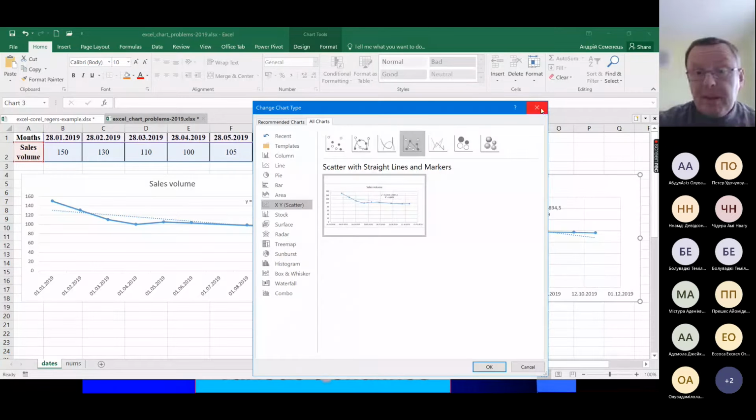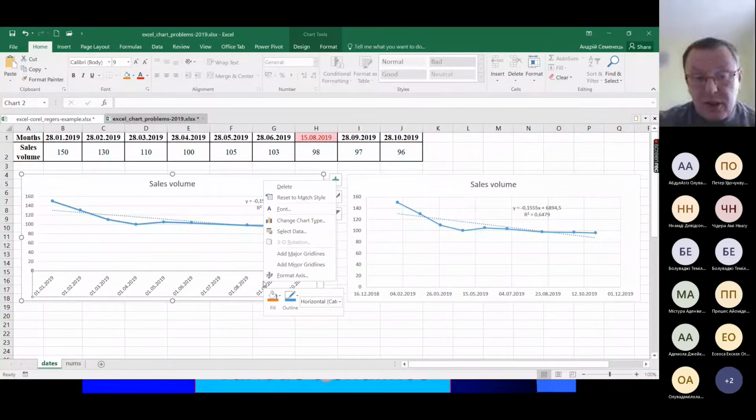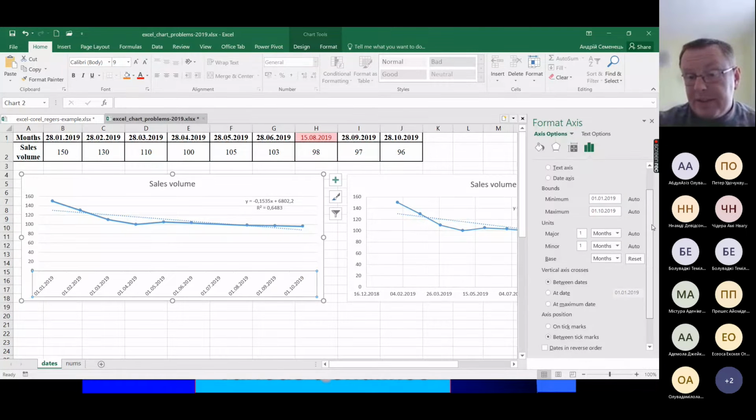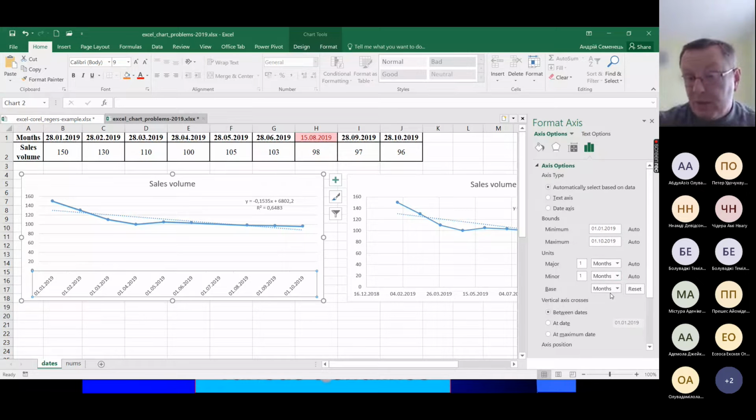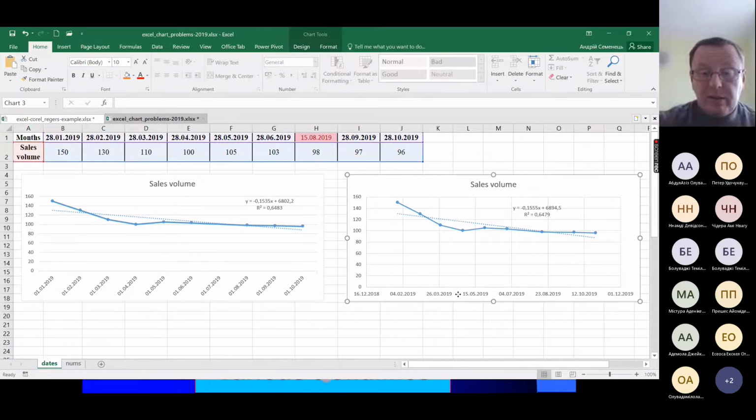a spreadsheet for comparison. So as you can see on the line chart, the X axis is considered automatically based on data type and has used months as regular single-month intervals for observation.